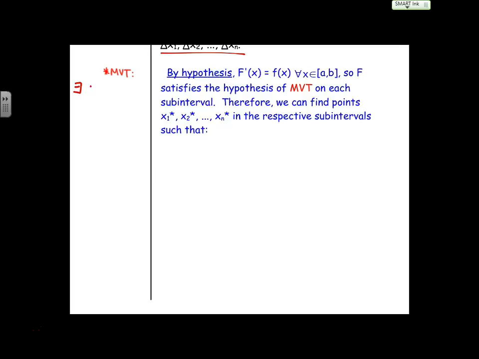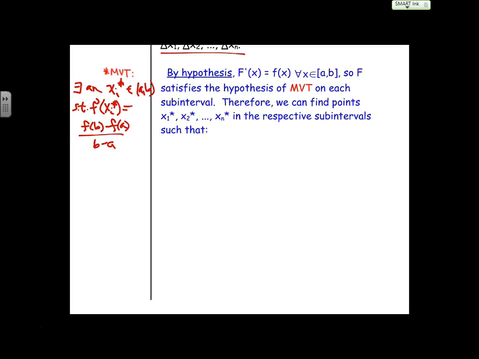There exists, I'm going to say, x sub i star in each subinterval, we'll just say a to b, such that f prime of x sub i star equals f of b minus f of a all over b minus a.